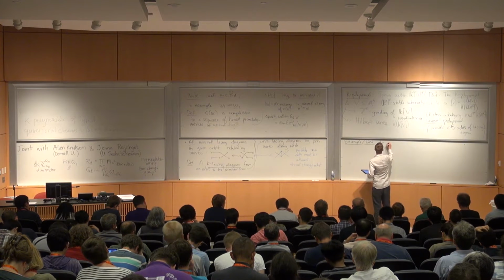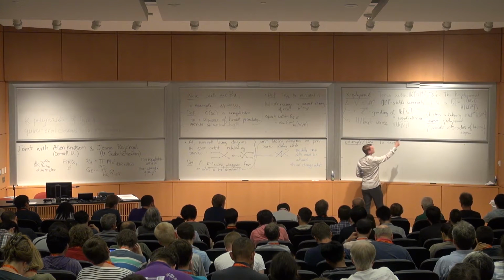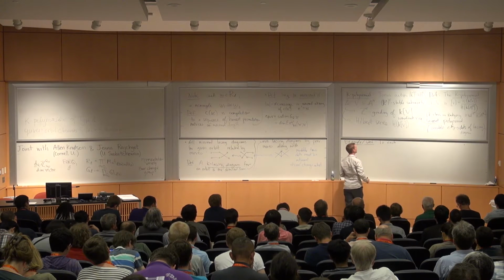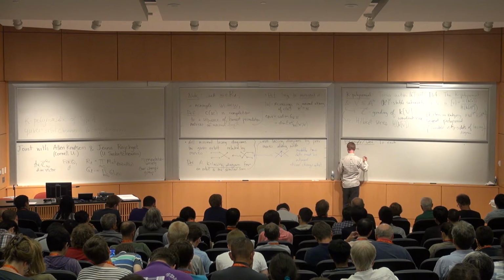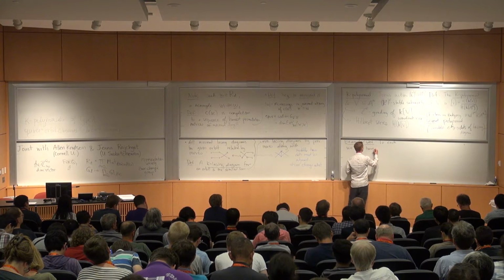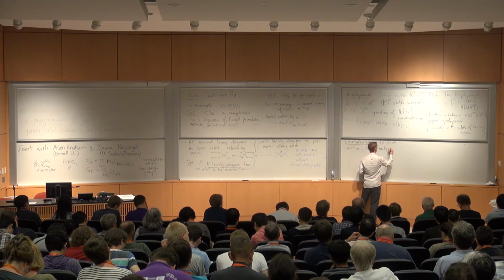We're mainly interested in varieties coming from combinatorics. So to each permutation, we have a so-called matrix Schubert variety.